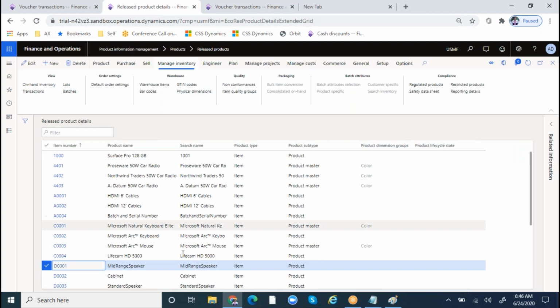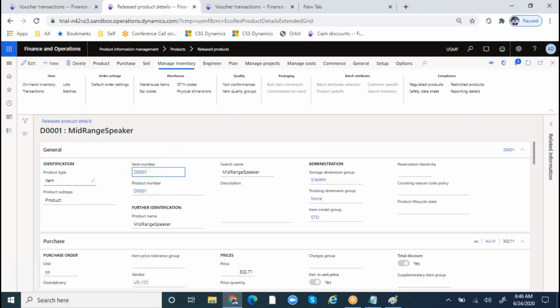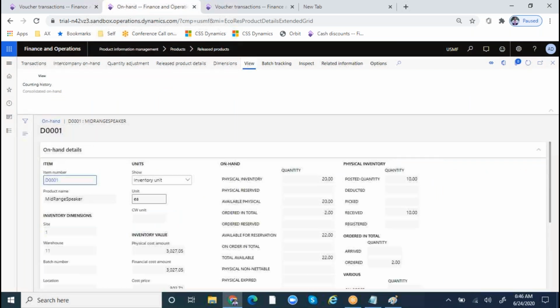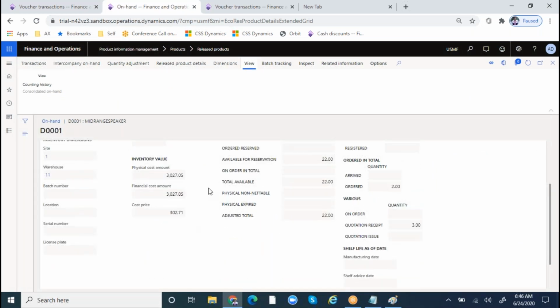If you verify for this item, if you go to the item and on-hand inventory, there are two values: financial cost amount and physical cost amount. But if you are doing an inventory adjustment journal, there will not be two.